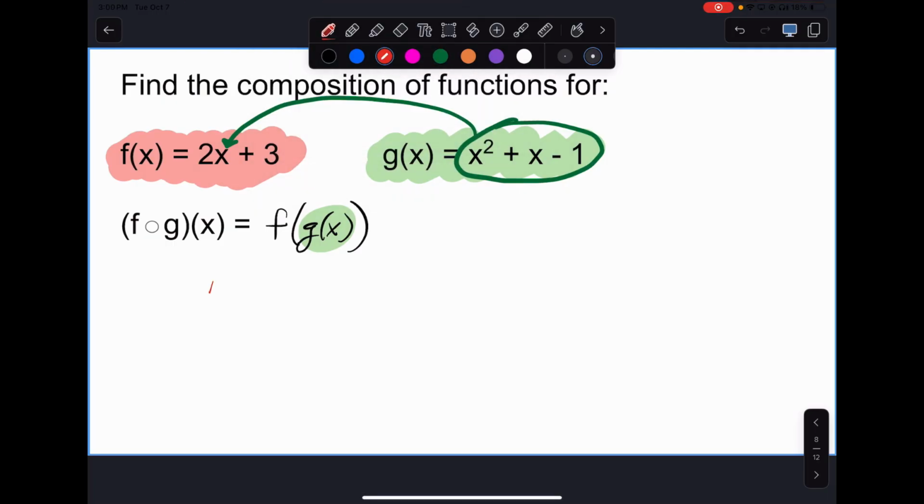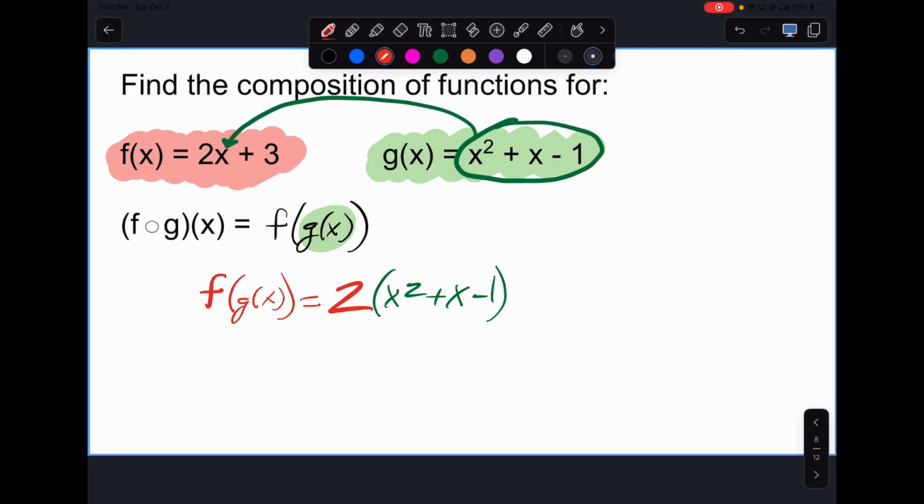So f of g of x equals 2 times, and then my g of x value, x squared plus x minus 1, and then plus 3. All I did was replace the x with my g of x function.